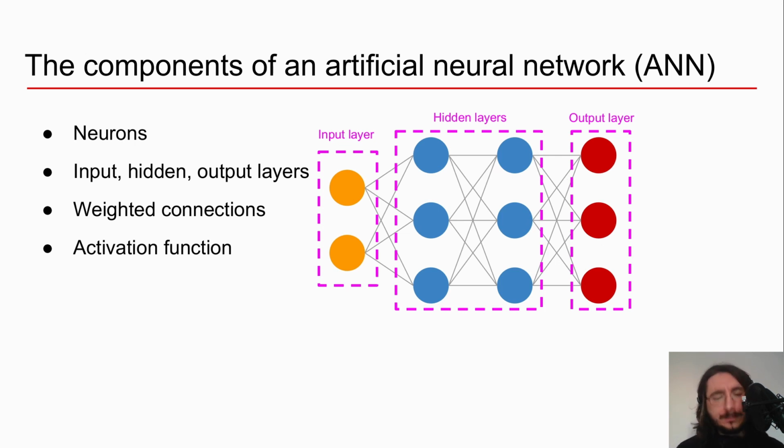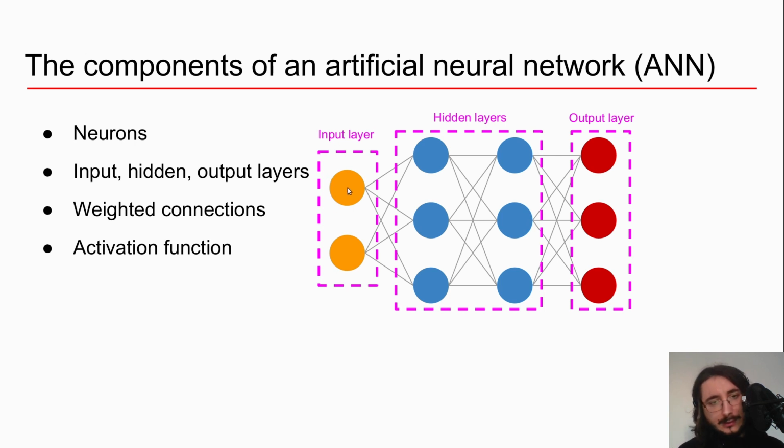This network also has a lot of weighted connections, and the weighted connections are these links that we have among all of these neurons. In this case we have a fully connected network because each neuron is connected to all neurons in subsequent layers, as you can see.